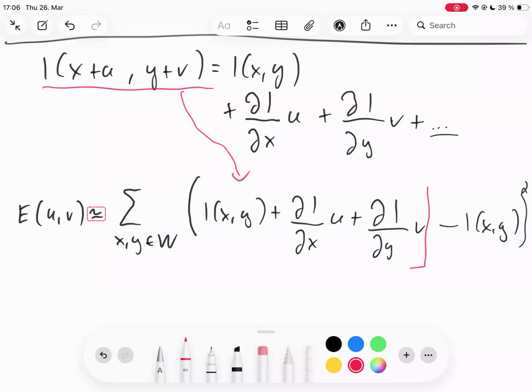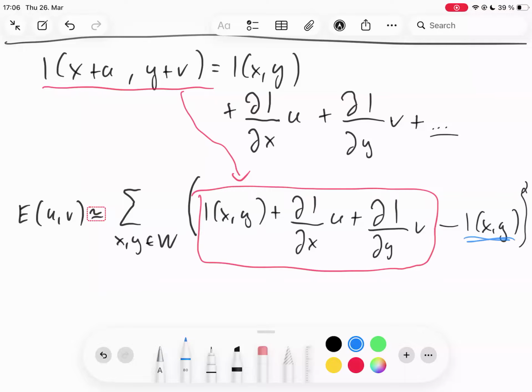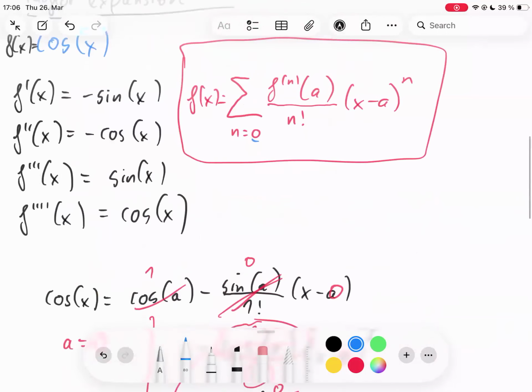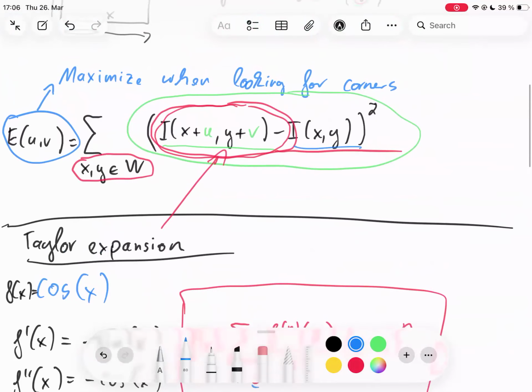So what I'm putting here in red is what we got from the Taylor expansion, and here in blue was the term from before, this one here.